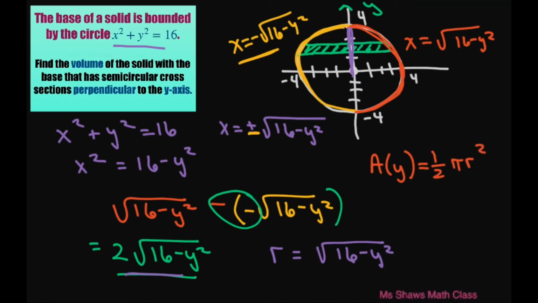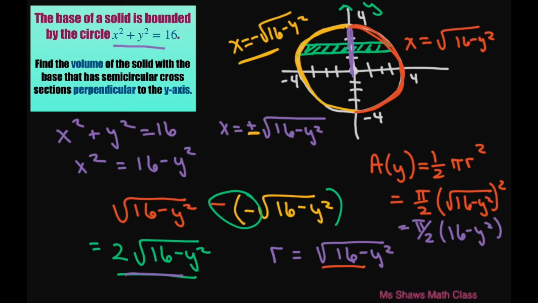So for us, substitute in your r, and this is equal to pi divided by 2, and then you square this square root of 16 minus y squared. So you end up getting pi divided by 2 times 16 minus y squared. All right, so that is going to be the area.